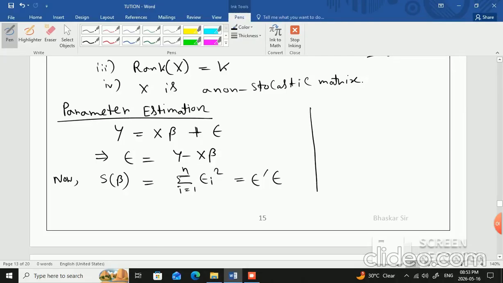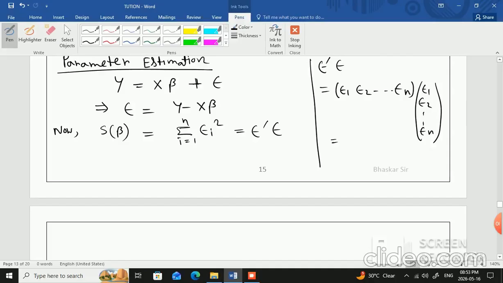How is it possible? Epsilon dash into epsilon. Epsilon dash means epsilon 1, epsilon 2, epsilon n as a row, and epsilon means epsilon 1, epsilon 2, epsilon n as a column. After multiplication we get epsilon 1 square plus epsilon 2 square up to epsilon n square.